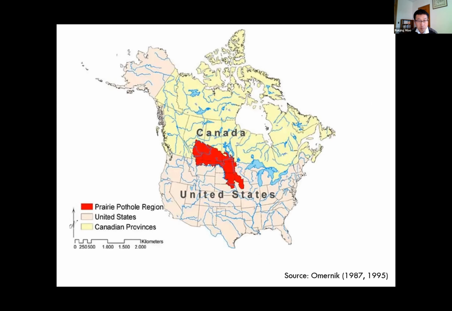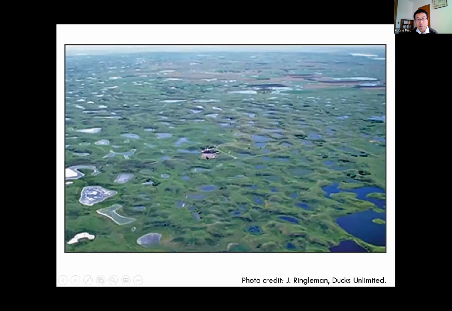If you're not quite familiar with this region, it's depicted in the red area in this map. If we zoom into this area, you will see a lot of potholes in this region. So a lot of wetland plus grassland, which provide ideal habitat for millions of waterfowl in this area during the breeding season and nesting season.